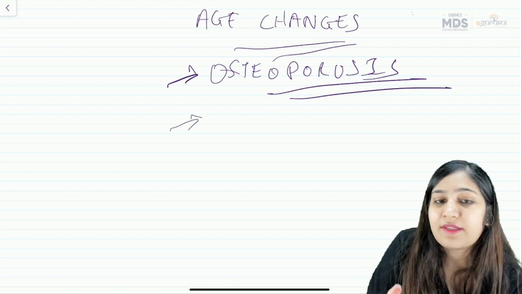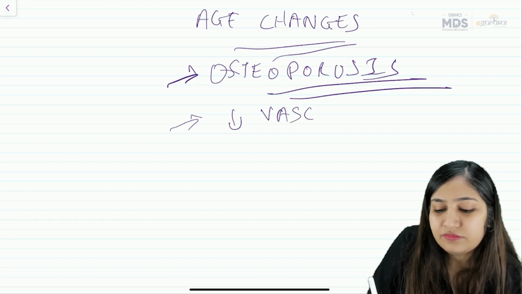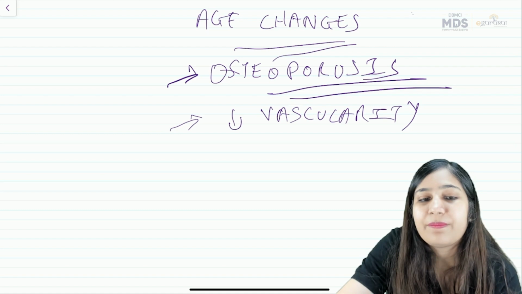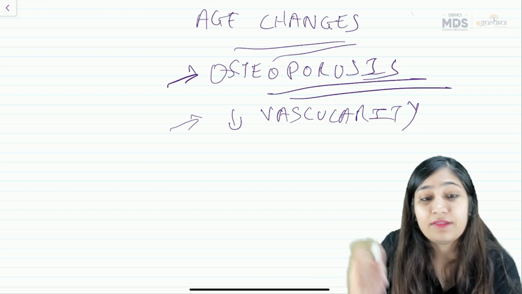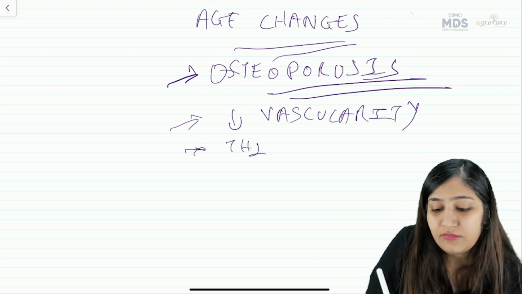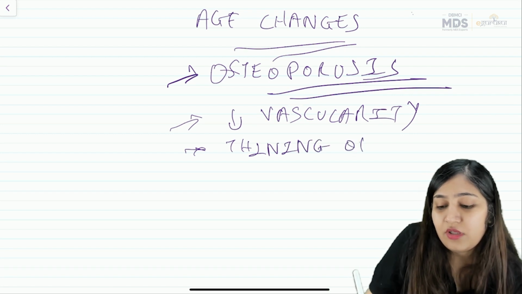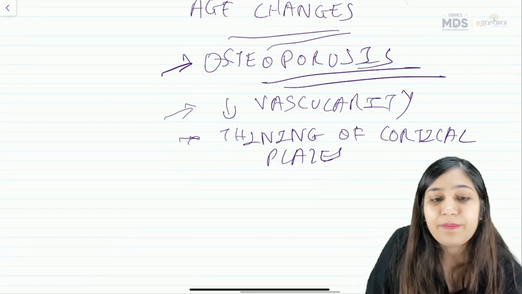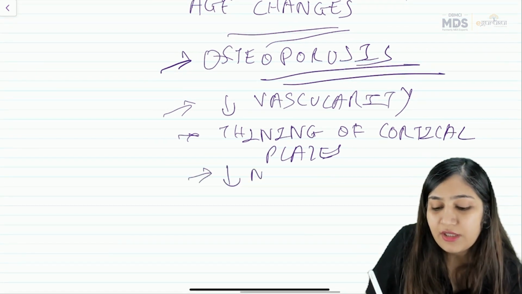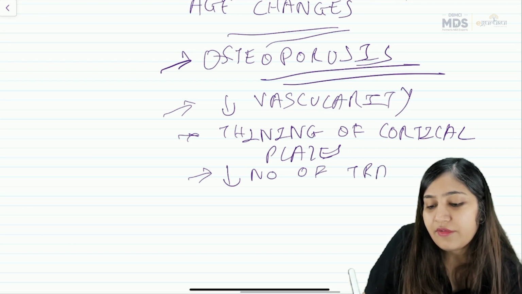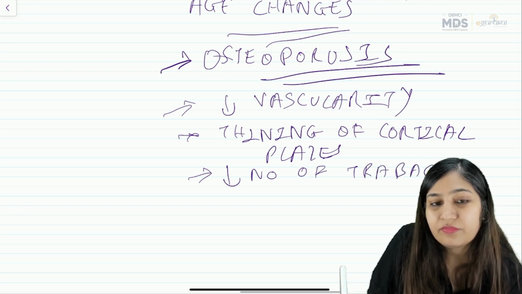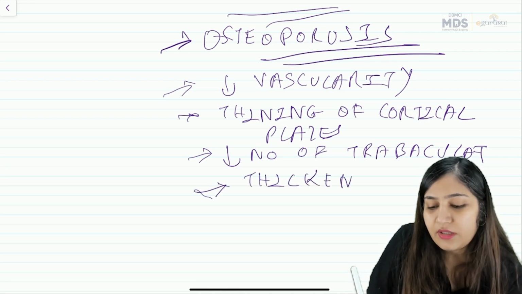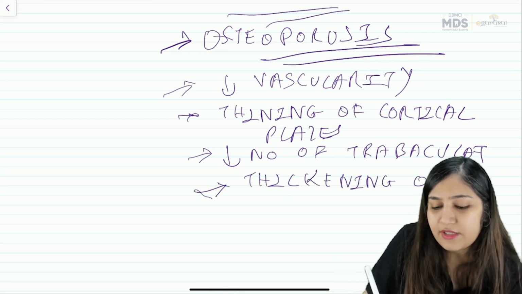Bone resorption may be increased, irregular periodontal surface, thinning of cortical plates, reduction in number of trabeculae, thickening of collagen fibers.